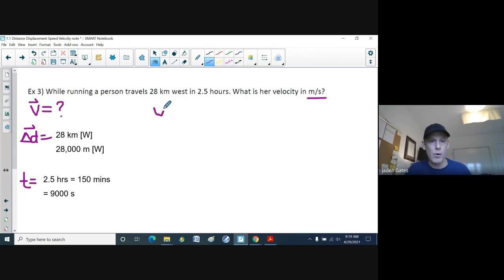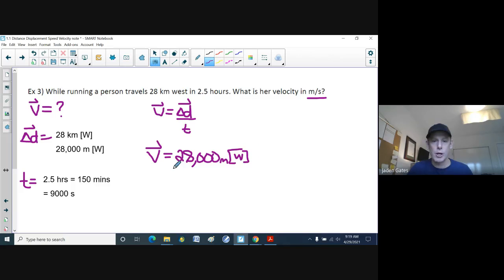All right. So I'm going to use my formula. V equals delta D over T. That's a V, by the way. Now I'm going to substitute in my information here. So I've got my displacement, 28,000 meters, and that is headed west. Again, got to include direction because we're talking about displacement here. We got 9,000 seconds. Got a couple big numbers here.